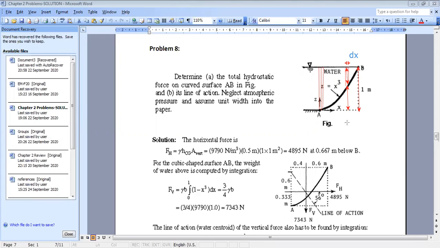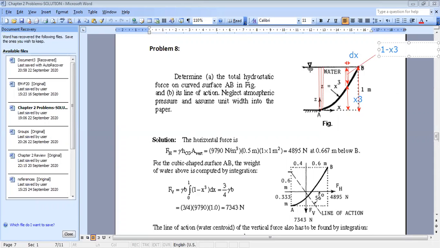So for any position x, this distance corresponds to x cubed. Okay? So this is x cubed, and the total distance is 1. So you can say that the part I am interested in, which is the height of the elementary rectangle here, is equal to 1 minus x cubed.